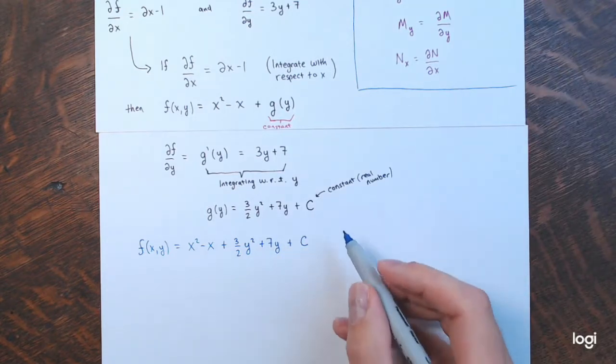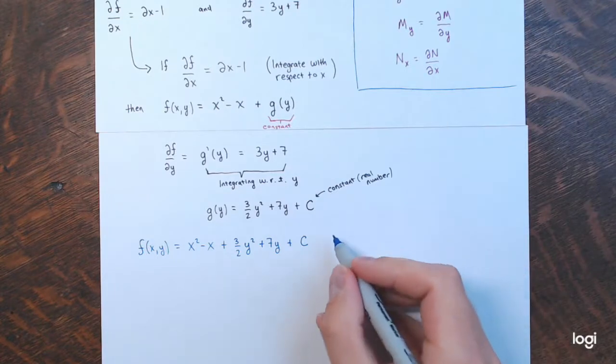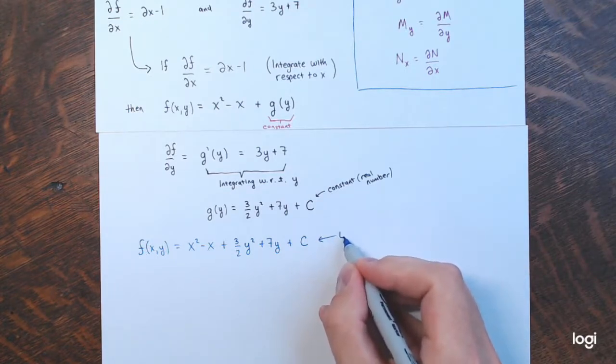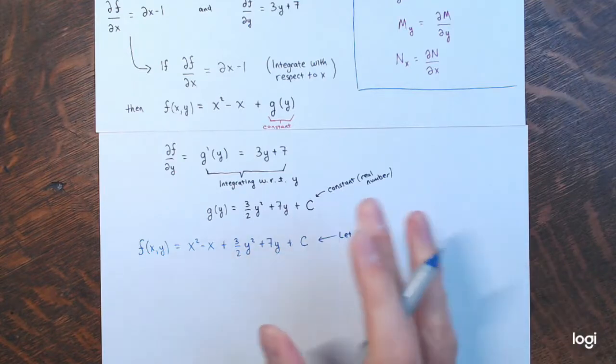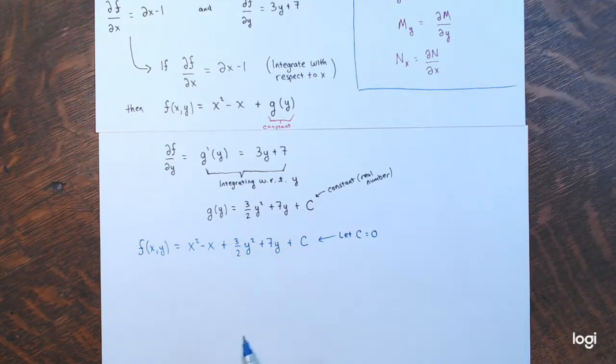And it really doesn't hurt to just let this constant be equal to 0 for now. So I'm just going to ignore it.